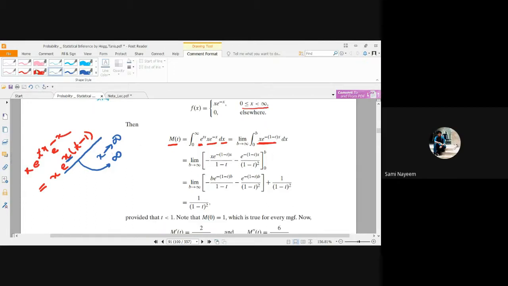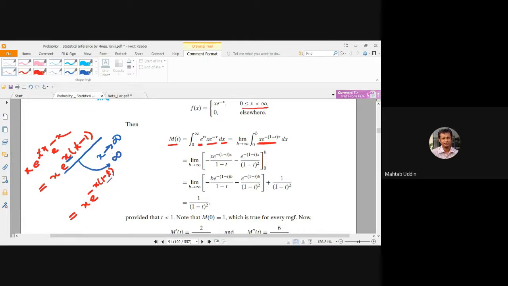So, if I write it this way, x e to the power minus x, now I have to write 1 minus t. Now, if I take x tends to infinity, it will be e to the power minus infinity, which is 0. E to the power minus infinity is what? 0. Now it is converging.